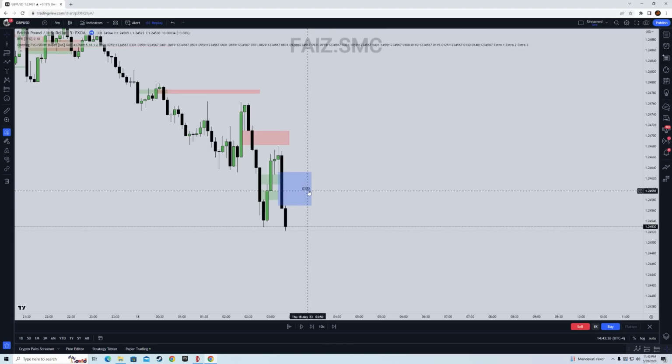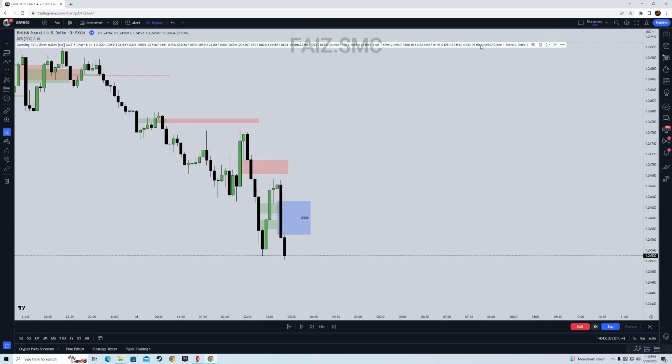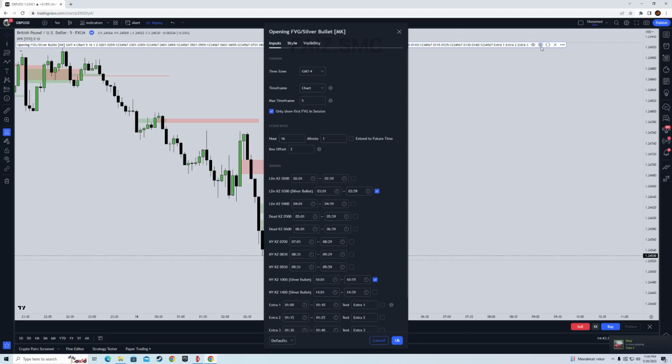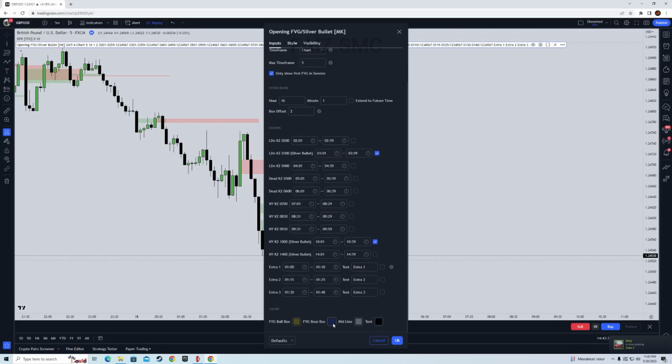Okay, and you have this dark blue color, and also you will have a yellow color. A dark blue color is a bearish fair value gap, and a yellow box is a bullish one.